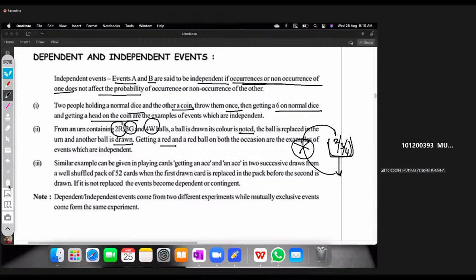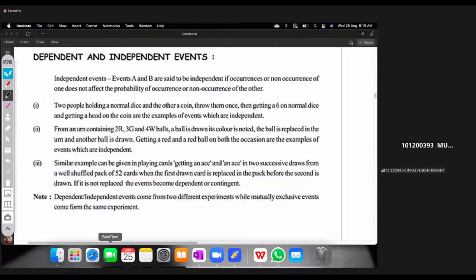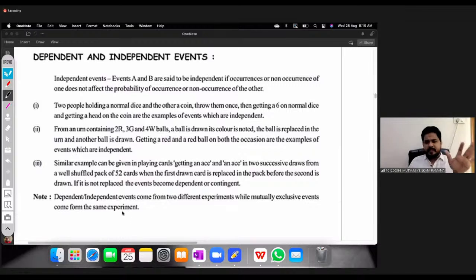So the simple thing you need to remember for independent and dependent events is whether the occurrence of one event is affecting the second one or not.